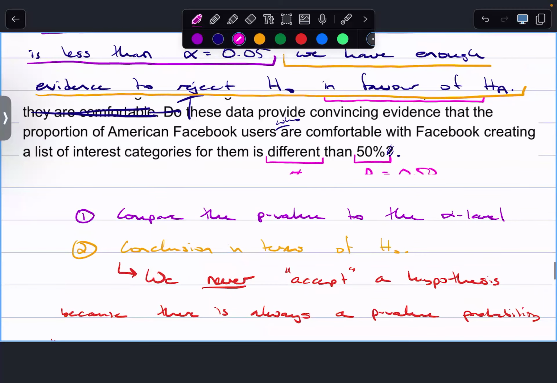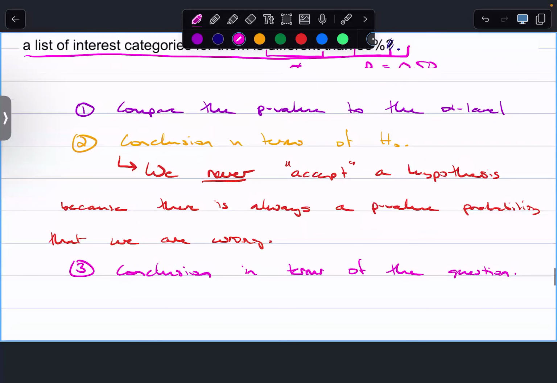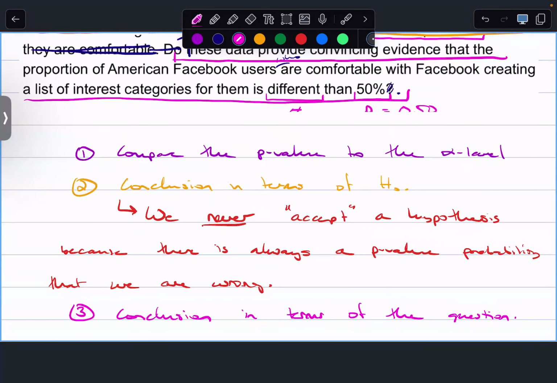And finally, of course, the conclusion in terms of the question: what does rejecting H naught mean in terms of the question? So always 3 parts.